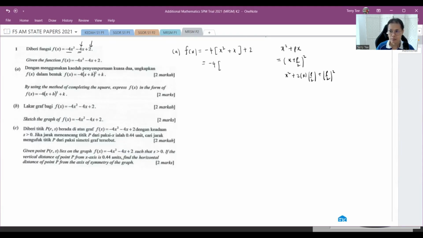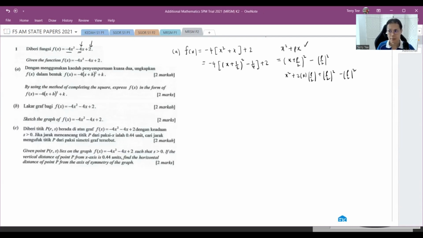Now, the additional term is your b over 2 squared. So we have to subtract this off, so that we are actually getting back the same thing as we have above here. So in this case, your b is 1. So you divide it, so it's 1 over 2. You square it. And then you minus 1 over 2 squared, which gives us 1 over 4.